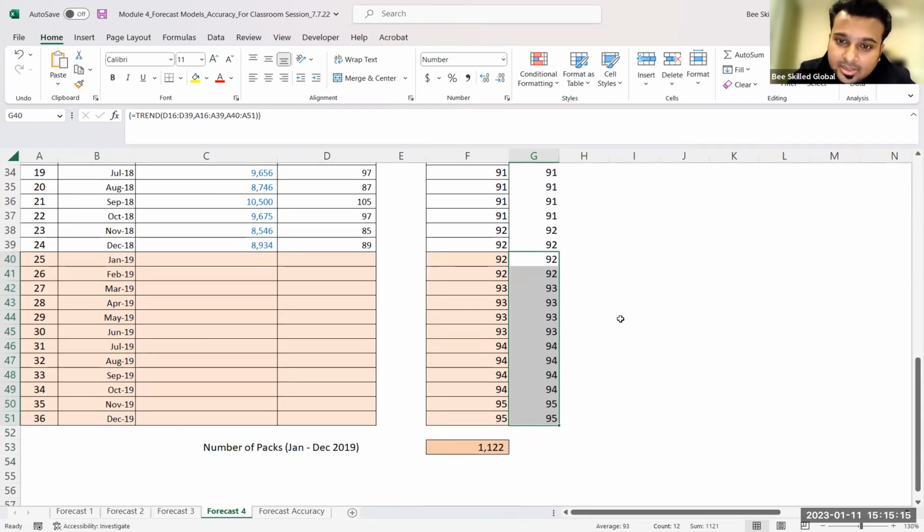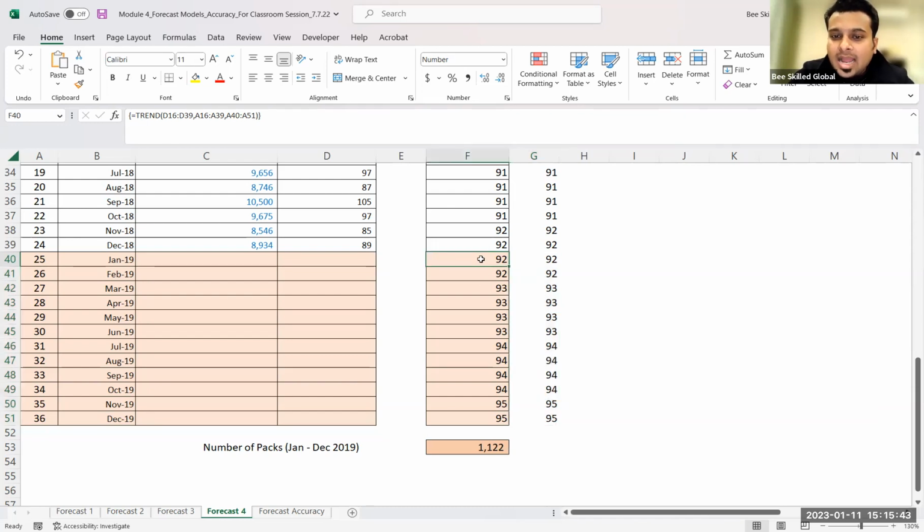Every month, this trend function is giving us an average value of consumption. It is factoring all the ups and downs, and based on that, creates a smooth average across all 12 months.